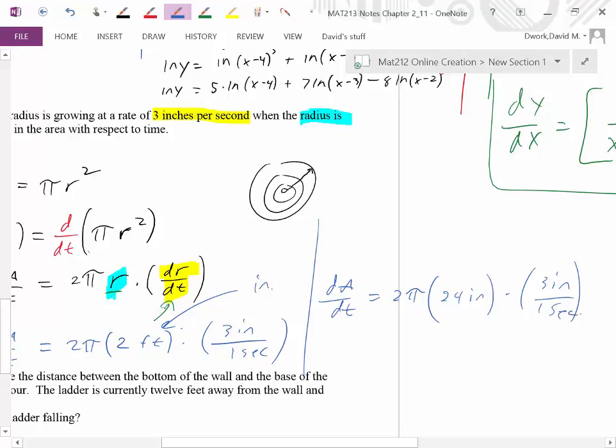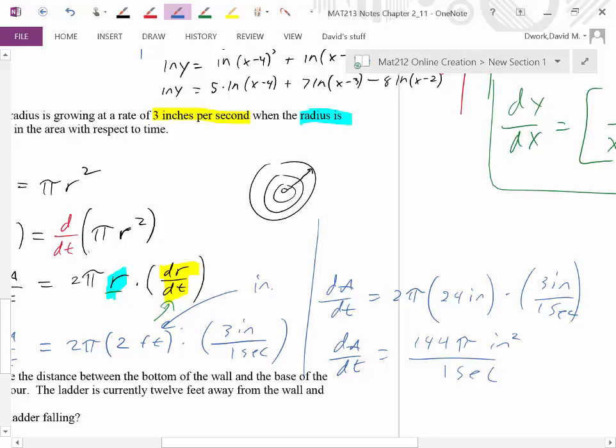So now dA/dt is equal to 3 times 2 is 6, 6 times 24 is 144 pi inches squared per second. Now, if you wanted to, you can multiply by 3.14 for the pi.